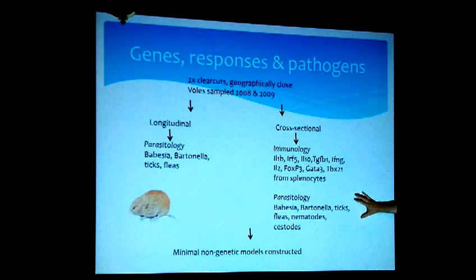And in turn as well, because we've got a bunch of parasitological measures, because these voles are affected with a whole bunch of different things, could we also find that genetic diversity, or genetic diversity of particular genes, was associated with resistance to some of these different pathogens here? So trying to get at this individual variation.